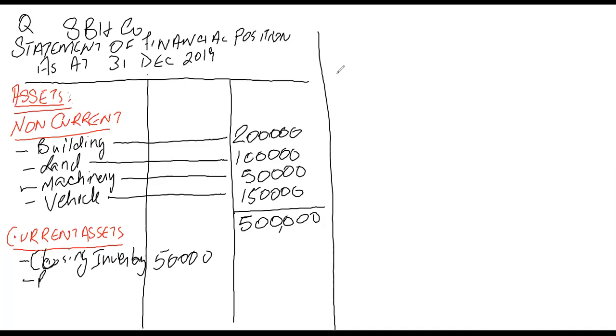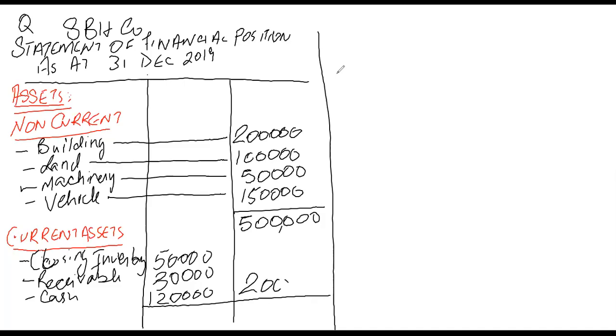We have got some receivable, which is 30,000. And we have got cash, which makes 120,000. So 120, 150, and 50, 200,000 is the value of the current assets.